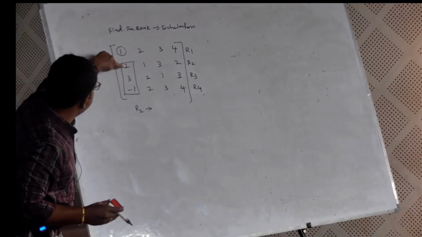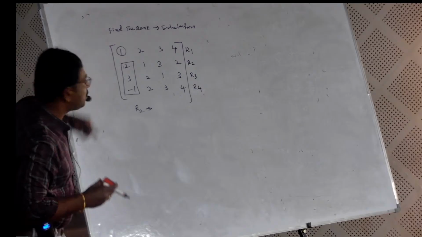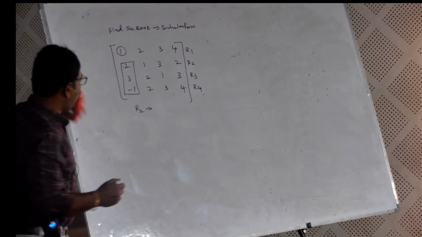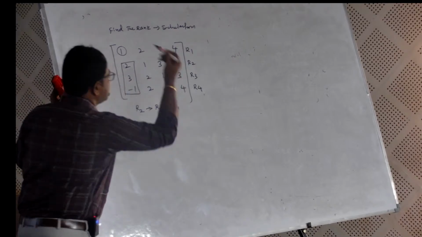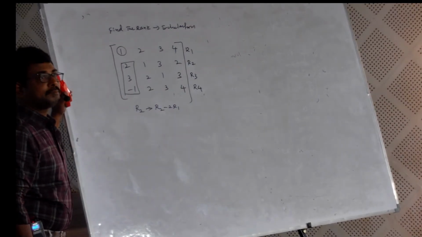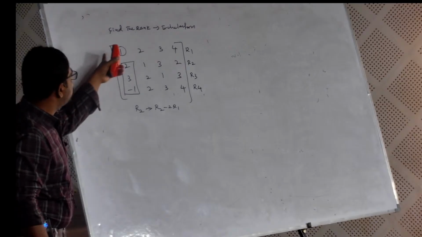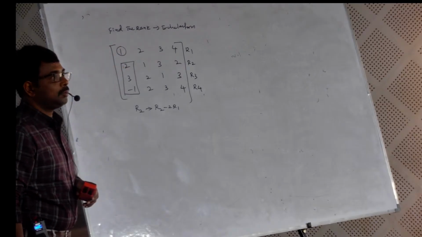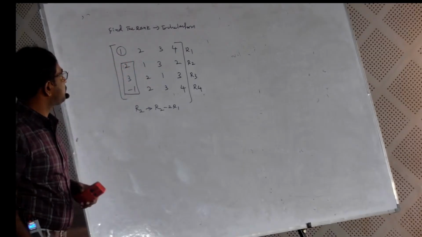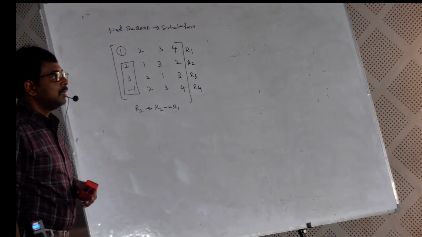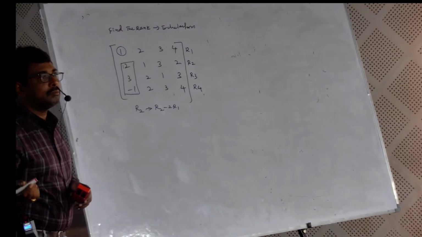How do you convert this to 0 using one? R2 implies, excellent, R2 minus 2 times R1. You know that, right? 2 minus 2, 0.